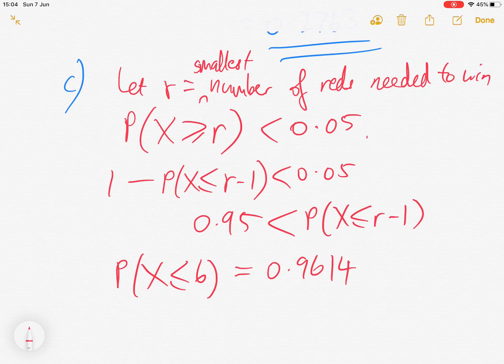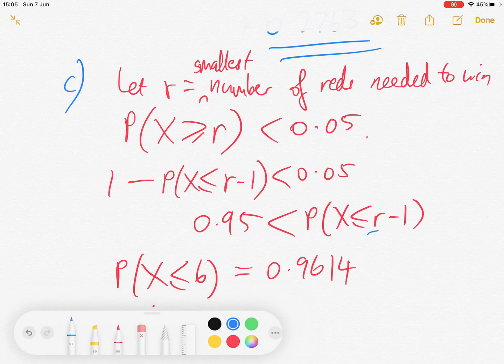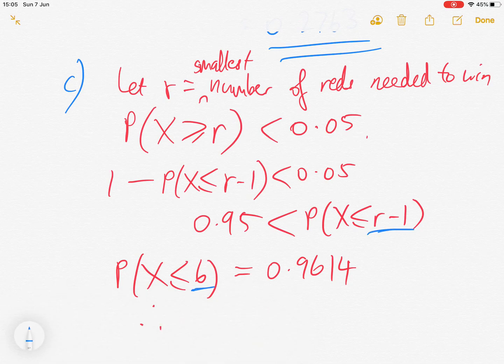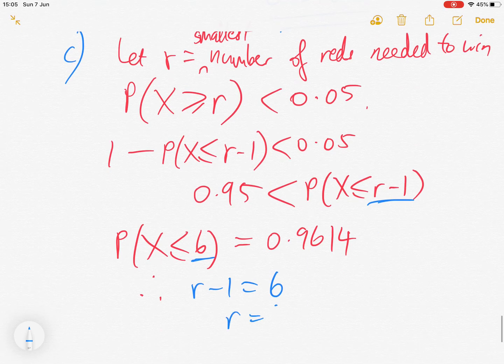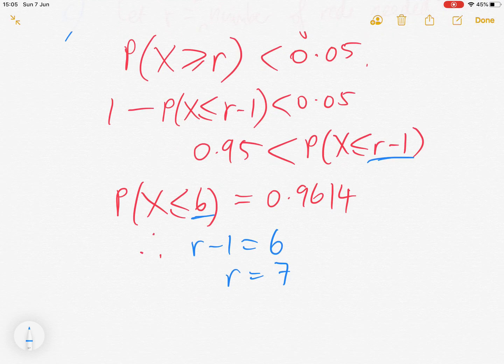The other side, if you use 5, you get 0.8822, which isn't big enough. So if we match up what we've got, we need to have R minus 1 equals 6. So R is 7. So the smallest number of reds to win a prize is 7.